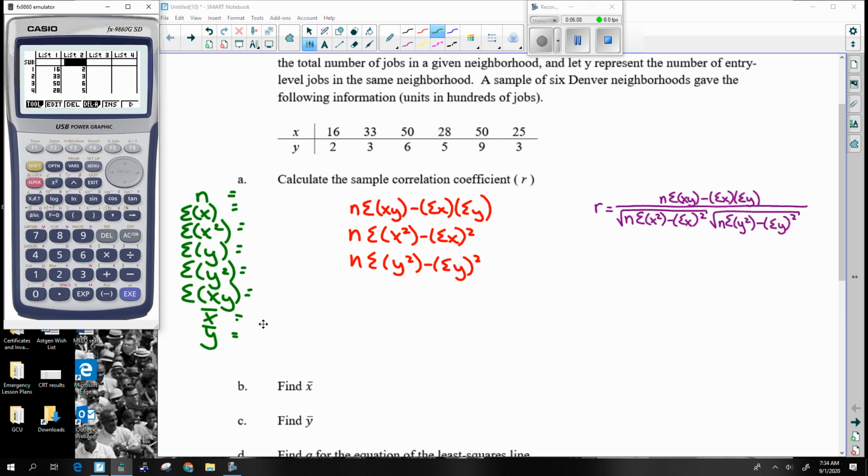All right, so let's go ahead and start getting some of the numbers. So I see n, the grand total number of pairings, I should say, is 6. There are 6 pairings here. Okay, go to my main calculator and I start figuring out the pieces of this Christmas tree. So the first one is the sum of x.